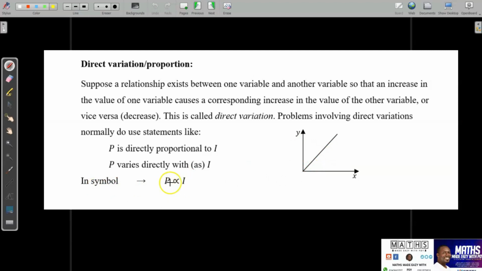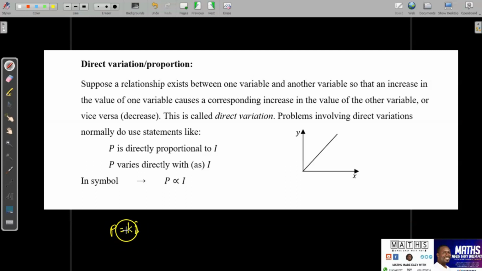And hence, when you want to change this symbolic statement into an equation, then you are going to write it as P is equal to, then you introduce your constant of proportionality. For it, the symbol is K. Then you introduce your I. So P is equal to Ki.